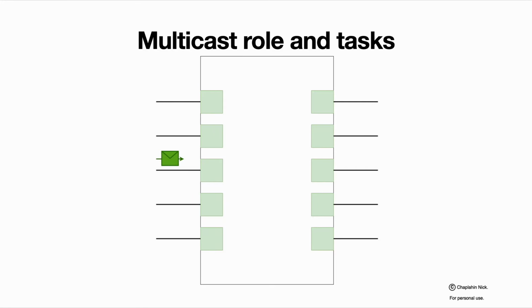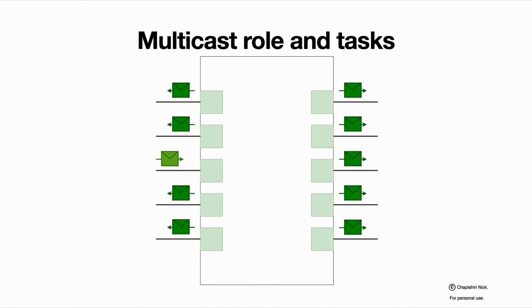In general, the multicast role is to receive a frame, to multiply this frame in as many copies as needed, and to send this frame through the interfaces that need to receive this information further.